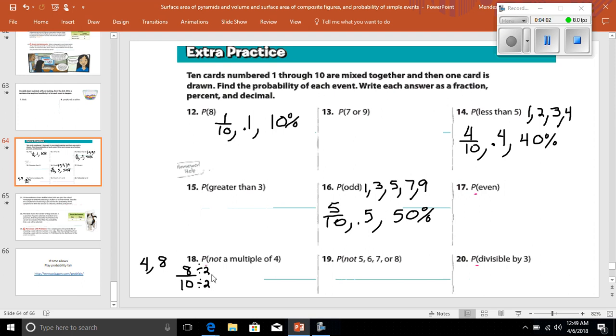And that means we're going to have 4/5. Now, how much is 4/5 in decimal form? Well, in decimal form, 4/5 would be 0.8. And if we move our decimal over 2 spaces, that would be 80%.